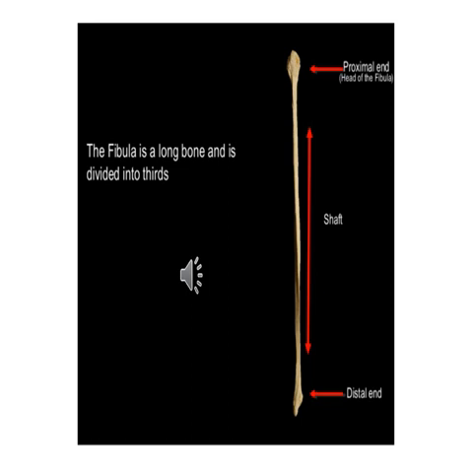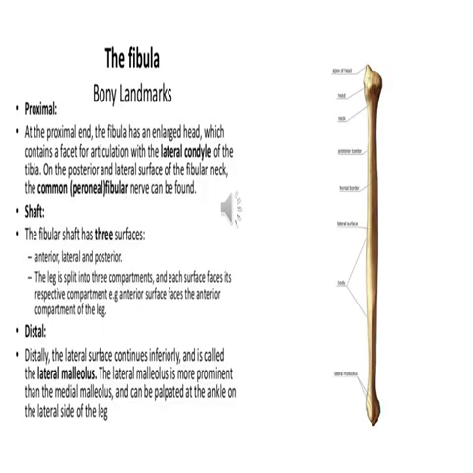The fibula is a long bone and the long bone will have two ends and a shaft. There is a proximal end that is known as the head of fibula. Then there is a long shaft, and the distal end. The proximal end of the fibula has an enlarged head, and this portion contains a facet.